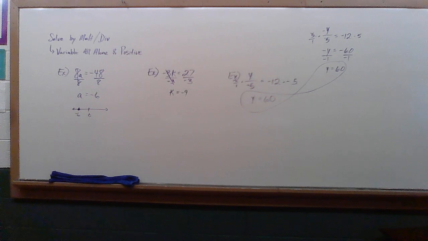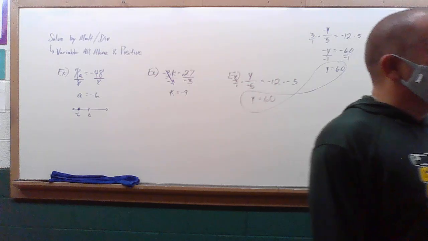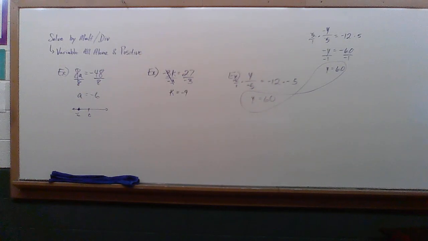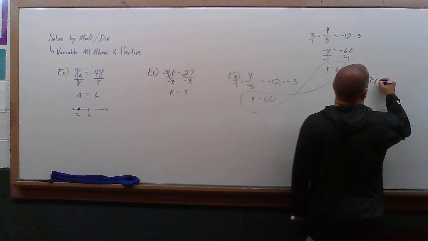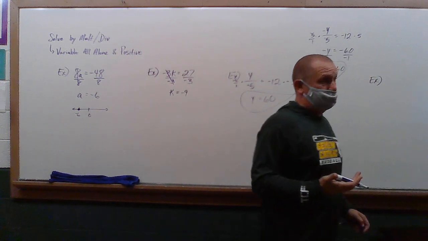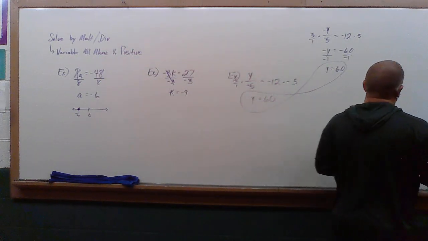Alright, here we go. Esteban spent $112 on baseball cards. If he spent $14 per box, how many boxes did he buy? So what problem do you think I would do? Division? Okay. So if we wanted to actually write this as a problem, you could just do 112 divided by 14.